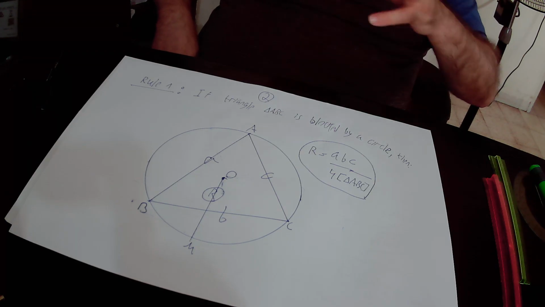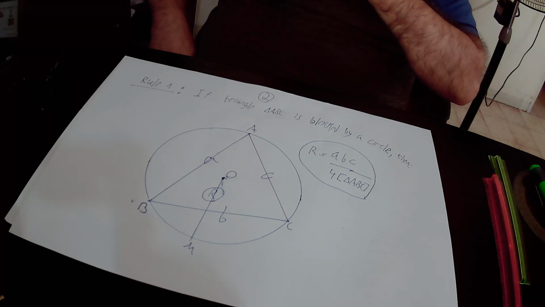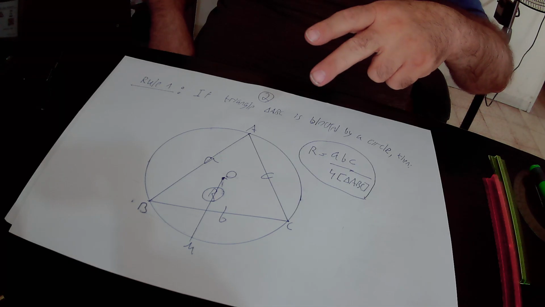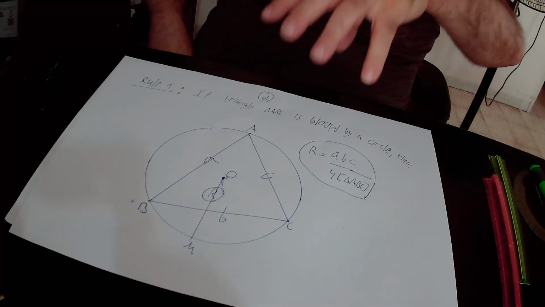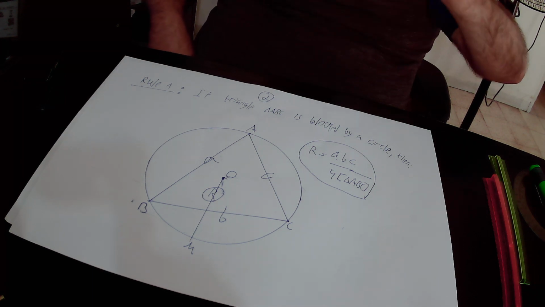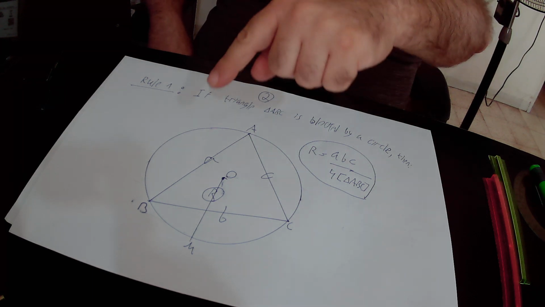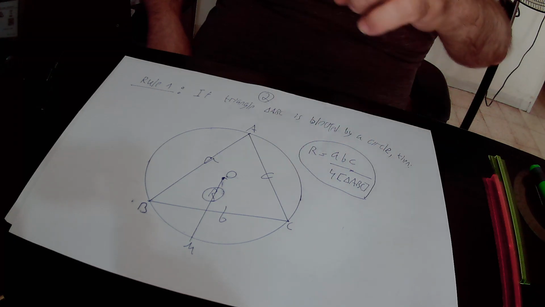Here I must emphasize that this triangle ABC is blocked by a circle, or in general a triangle is blocked by a circle, only and only if all 3 vertices are touching the circle.